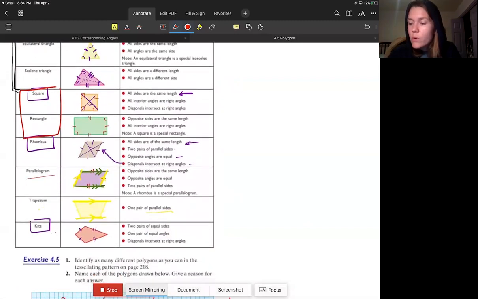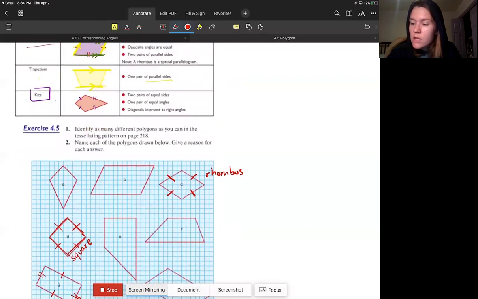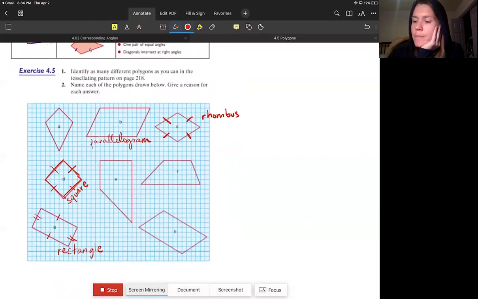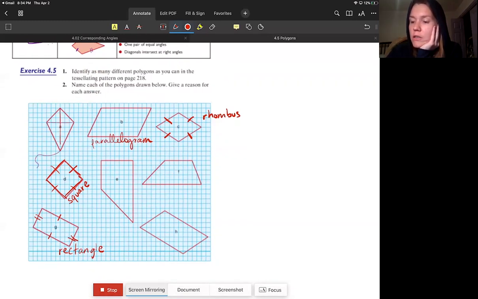So let's see if we can find one that's similar to that shape, and it looks like this one. Okay, looking at the others, I recognize this one. Something that I also like about this shape is it actually looks like its namesake. Okay, so it looks like a kite. That one's pretty easy to remember. I really like that one actually.